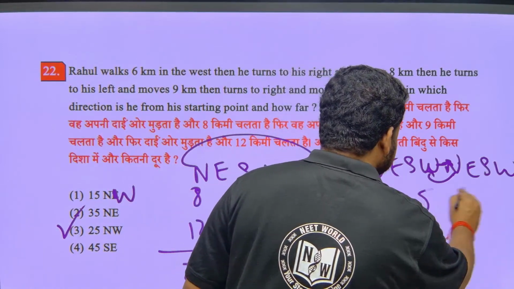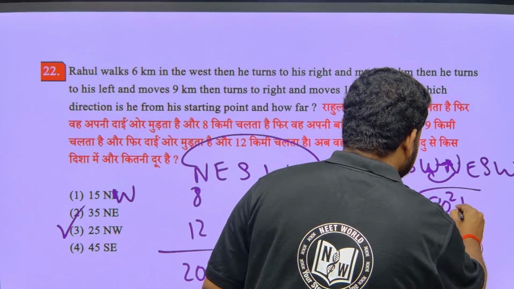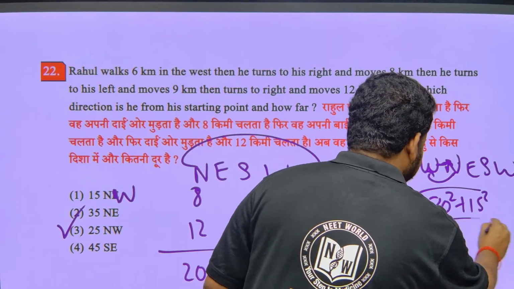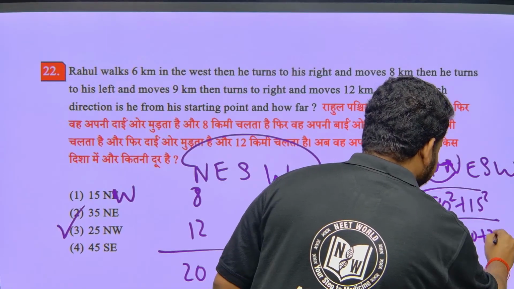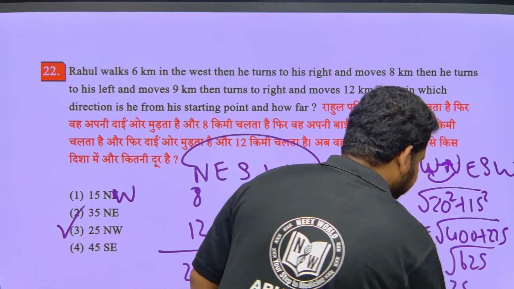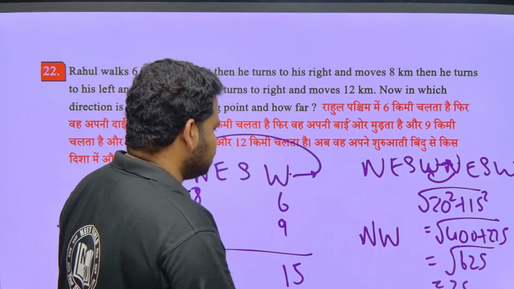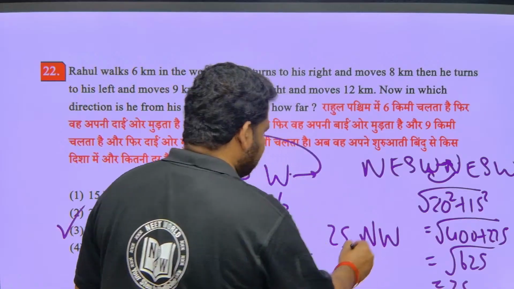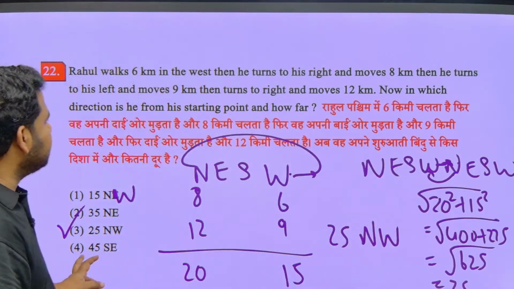What we have to do is 20 square plus 15 square. So that is 400 plus 225. So that gives us square root of 625, that is nothing but equal to 25. So under northwest it is 25 kilometer in northwest direction.